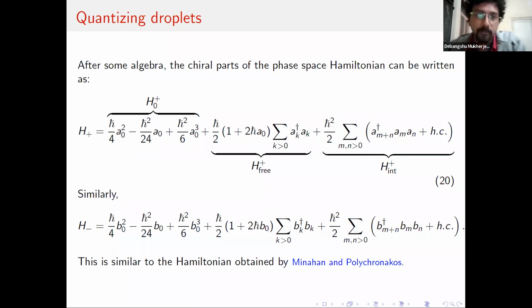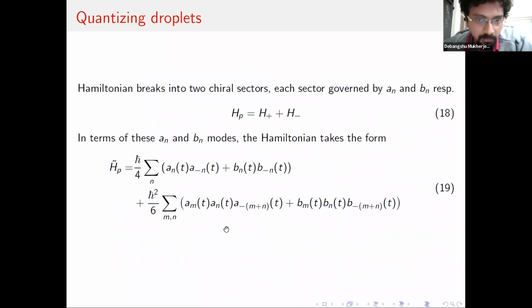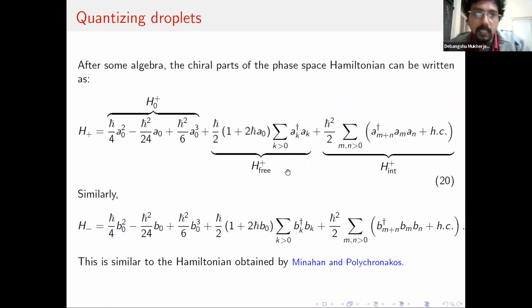After some algebra, you can find the t dependence of these operators, and you can write everything in terms of the A and B operators defined at time equal to 0. This is how it looks: you have a bunch of stuff coming from the zero modes, you have this free part, and you have this 3-point interaction part.